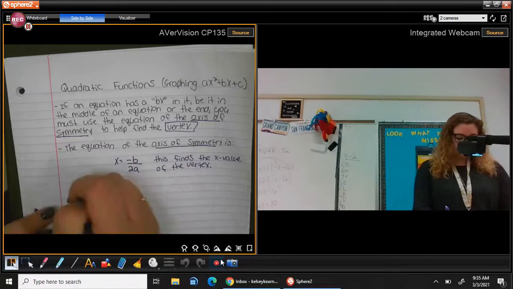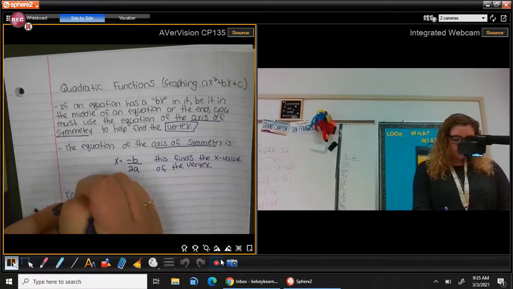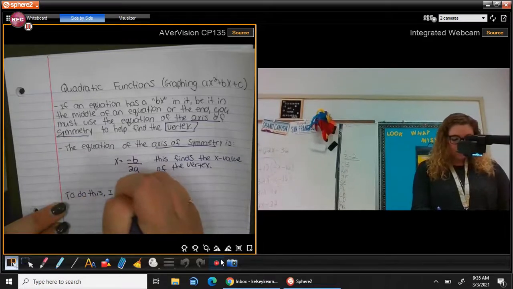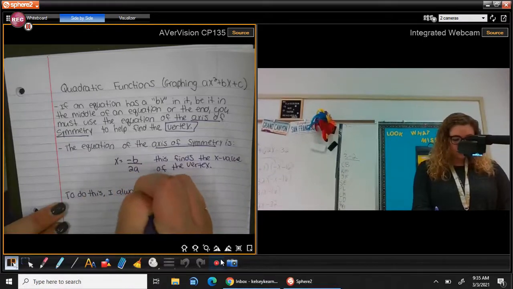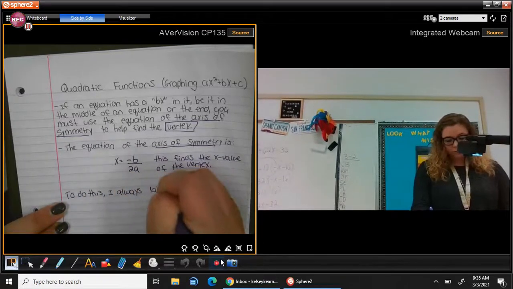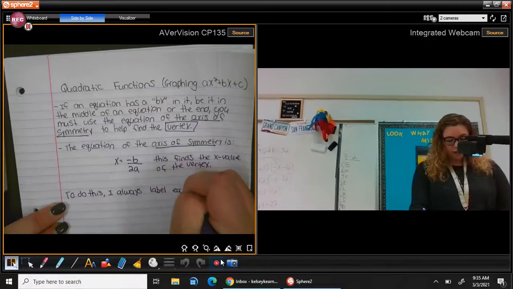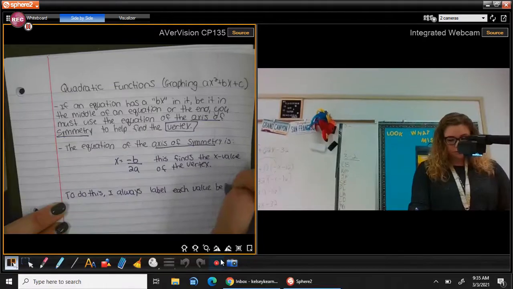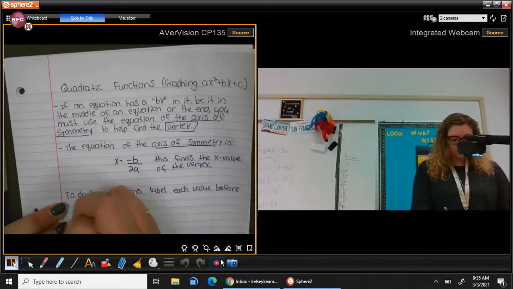But before I do that, I always label each value before I start.